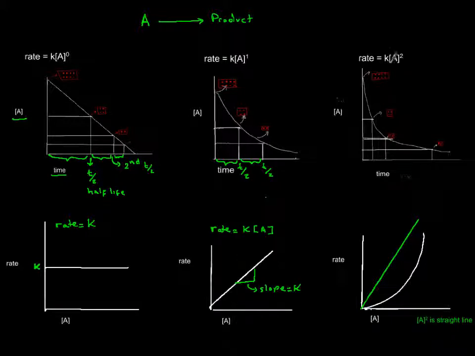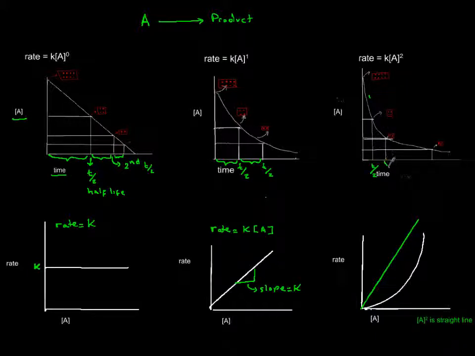If we look at a second order, it will decline. A will get used up, but it's no more smooth like first order. It's much closer to your axis, being consumed. If we have 8 particles at beginning and then 4, this is your first half-life.